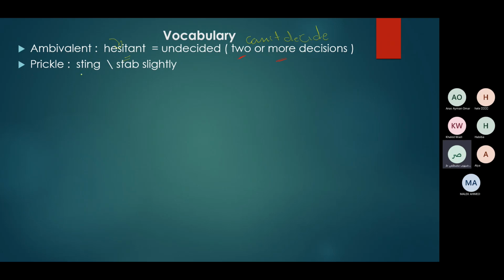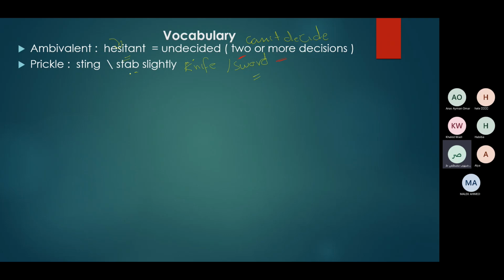Prickle means to sting, like when the ant stings you, or when the scorpion stings somebody, or stab slightly. So if I said prickle, it means stab you. Stab means to push somebody with a hurtful object, like a knife, like a sword.